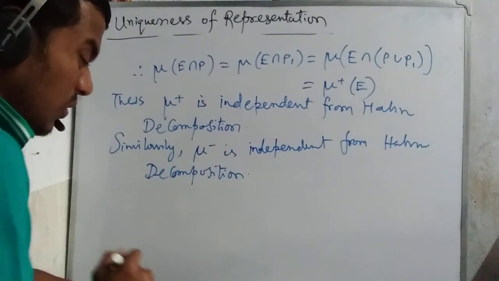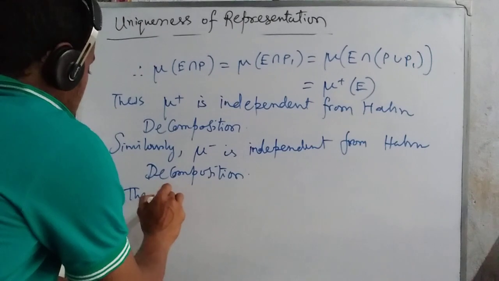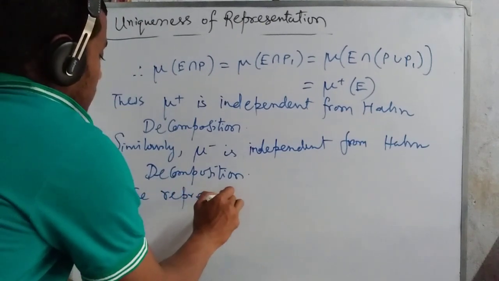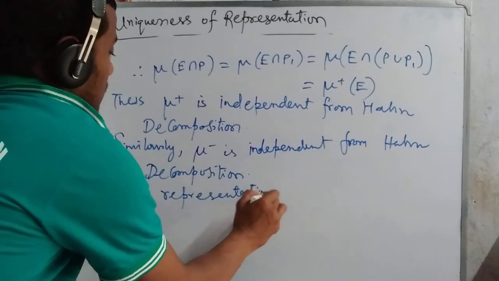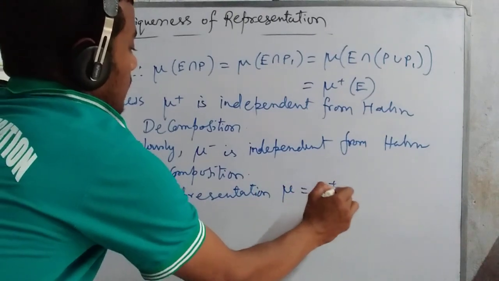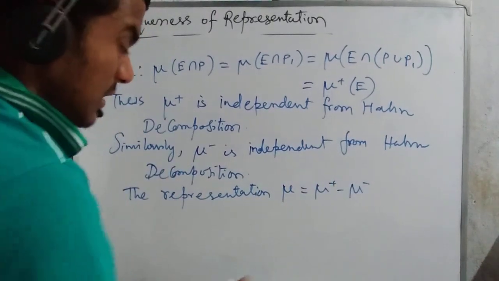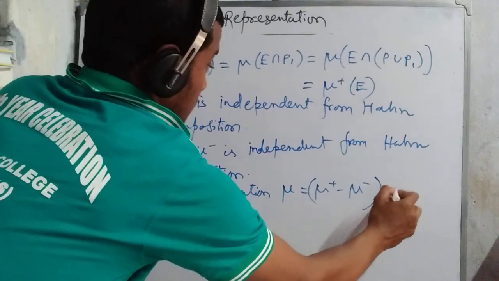So the representation mu equals mu plus minus mu minus is unique.